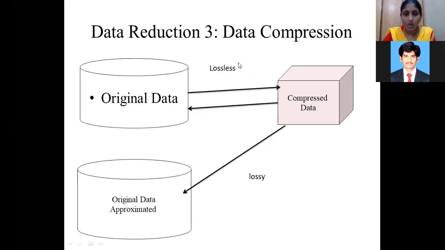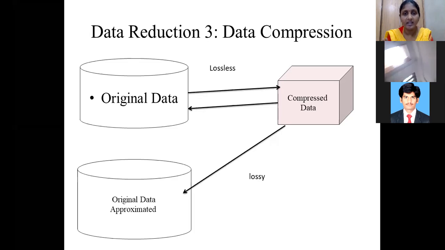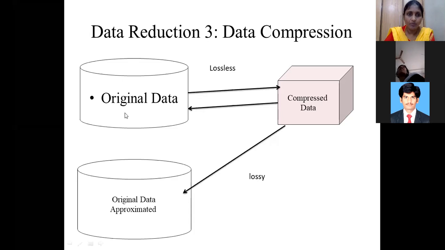So what is lossless compression? Whatever original data you have, if that original data can be restored from the compressed data without loss of any information, then it is called lossless compression. Once again, you take some original data and compress it, reducing the volume.